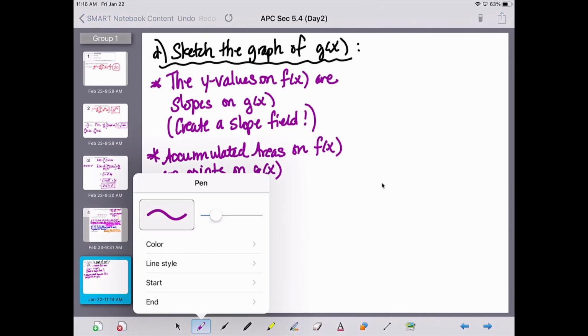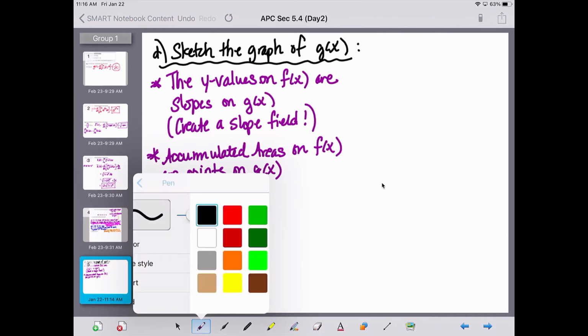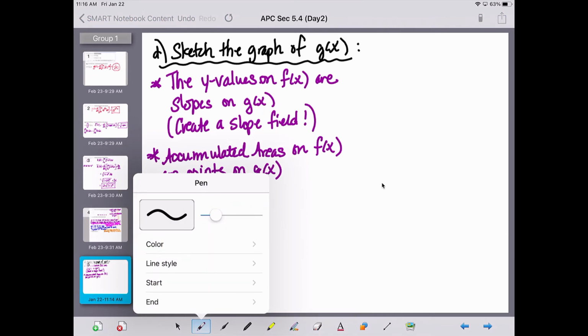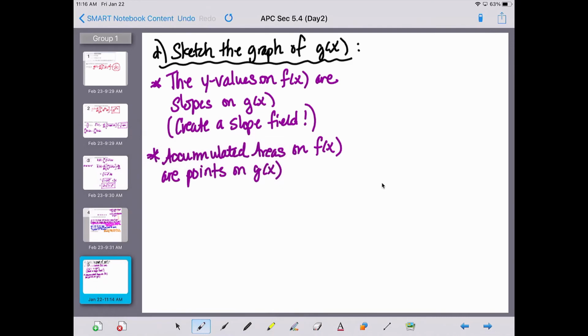So first, why don't we go ahead and create our slope field. So I'm going to make a coordinate plane. And I'm going to use the same values on my x-axis and on my y-axis that my function f, whose graph was shown, had.